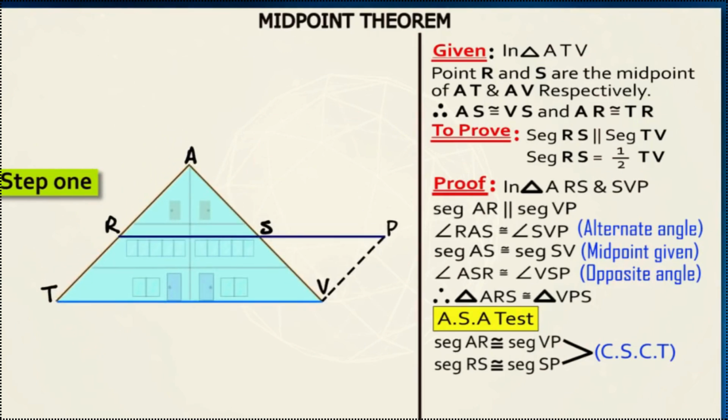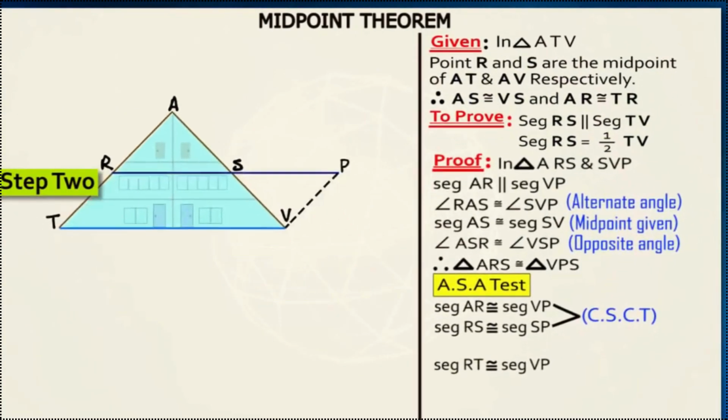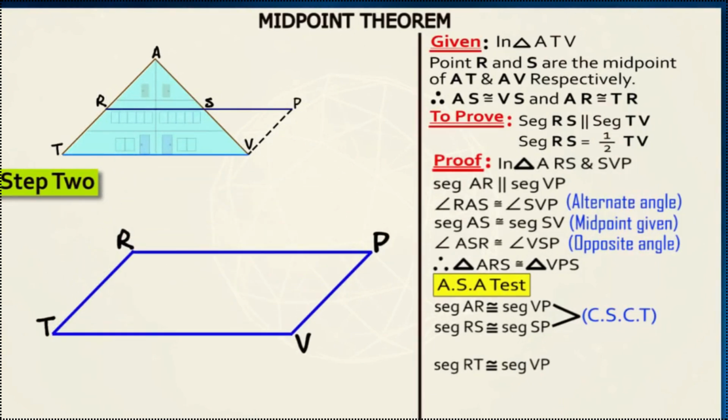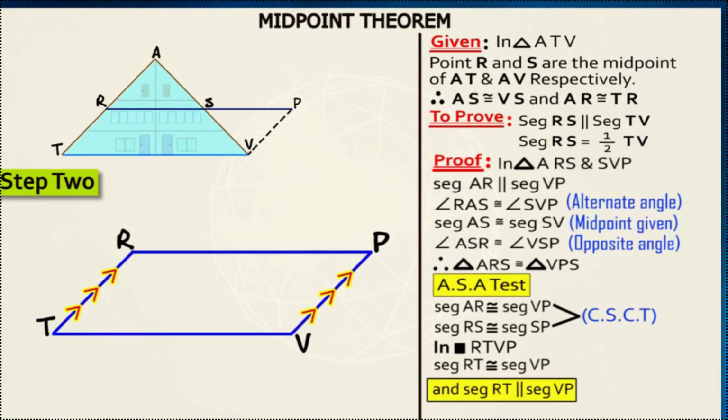We know that AR is congruent to RT, and we just proved that AR is also congruent to VP. Therefore, we can say that RT is also congruent to VP. Now step number 2. In quadrilateral RTVP, RT is congruent to VP, which we just proved, and RT is also parallel to VP.